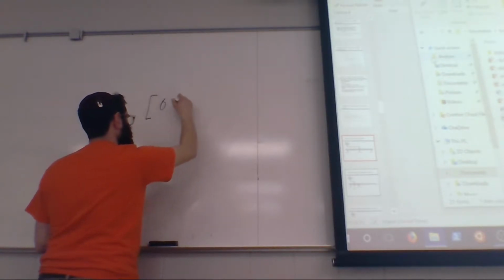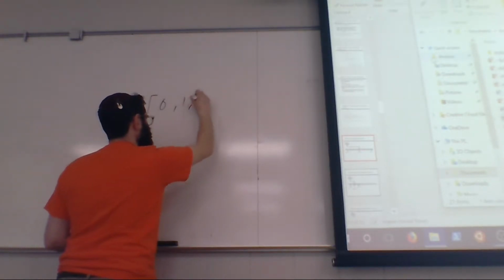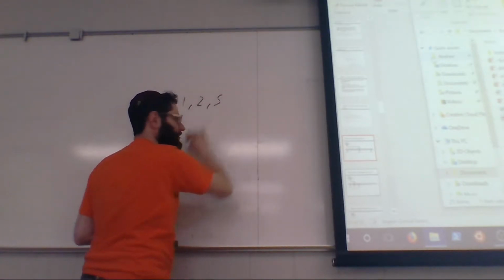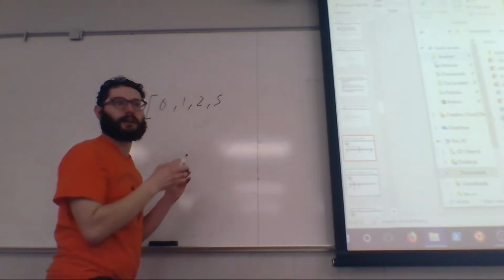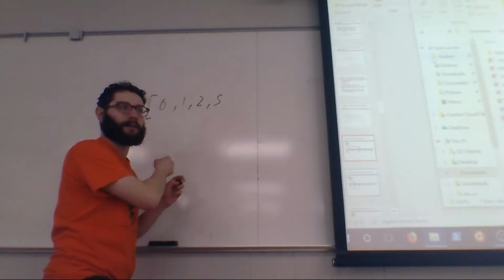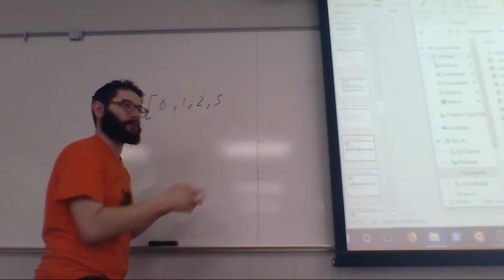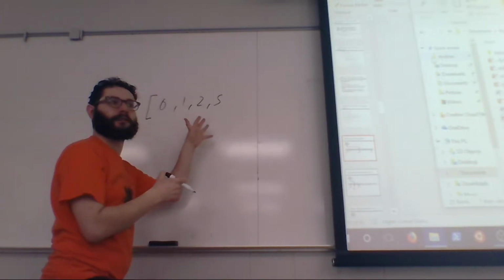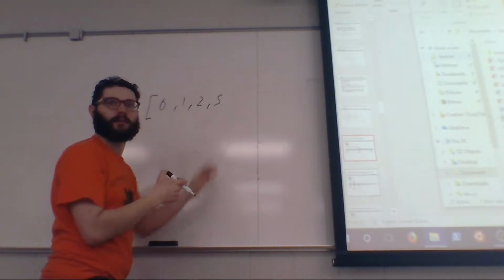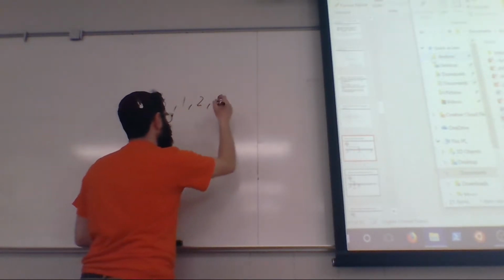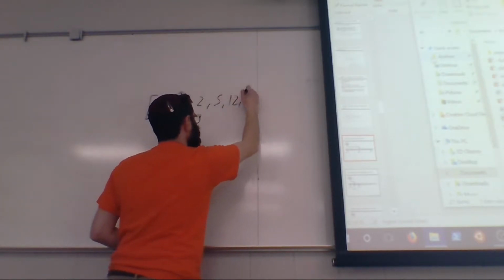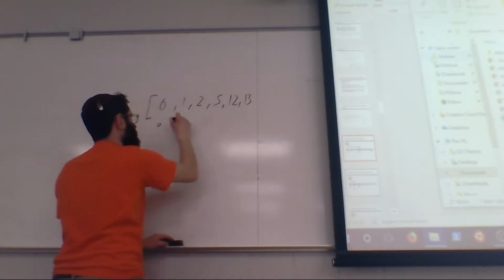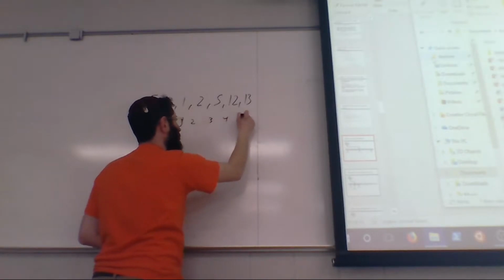So 0, 1, 2, 5. The numbers don't have to be in sequence, they just have to be in order. So I'm allowed to skip 3 and 4 here. All this works on anything that is sorted. So 1, 2, 3, 12, 13. So that's index 0, 1, 2, 3, 4, 5.